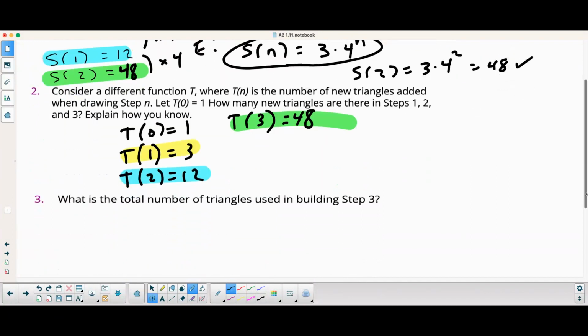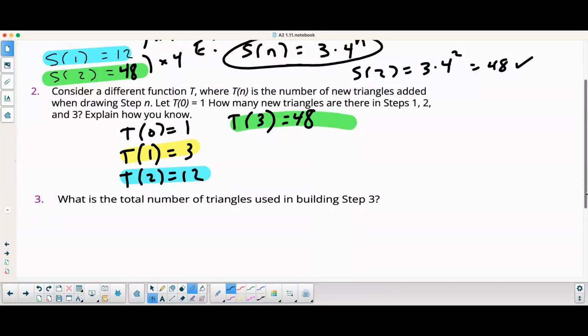What is the total number of triangles used in building step 3? So what would be the total number of triangles used in building step 3? So in order to figure that out, we would basically have to add them all up.